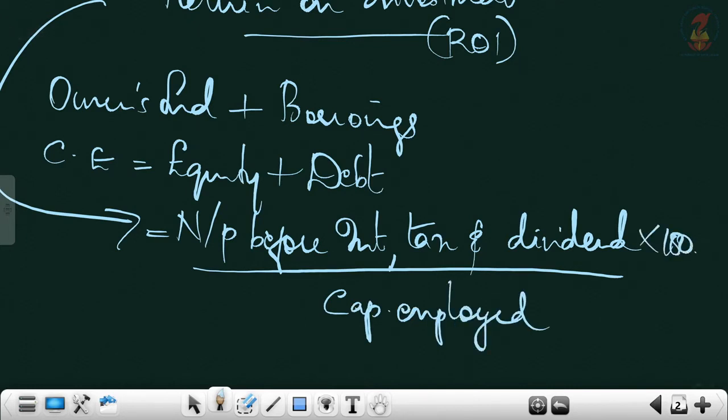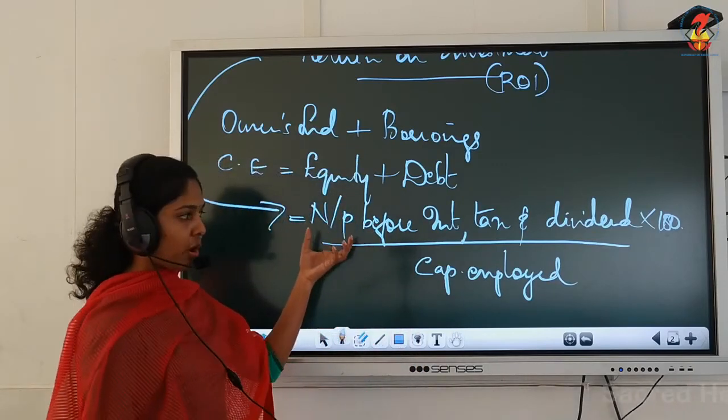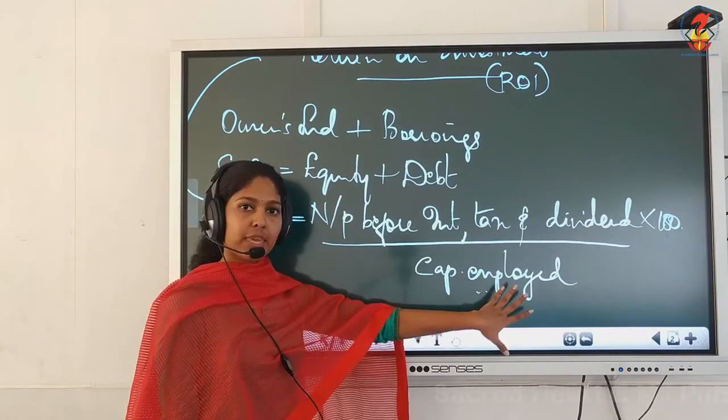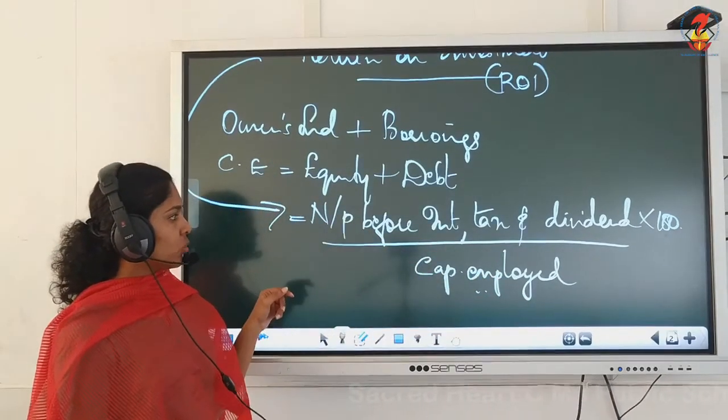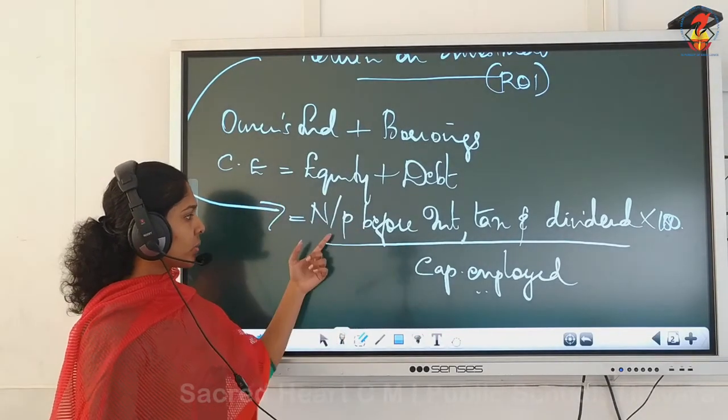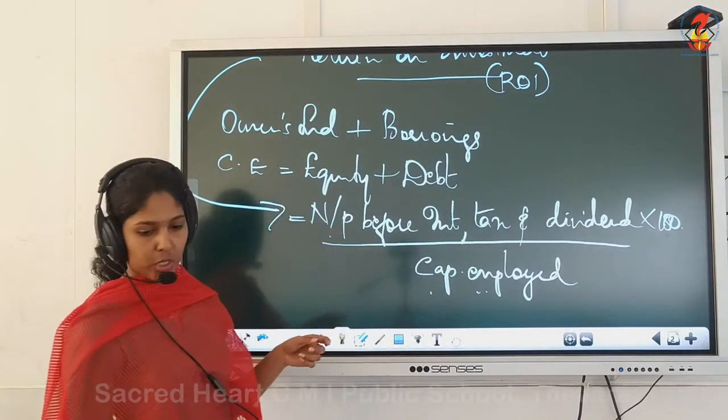So we are analyzing whether we got adequate profit on the capital that is used in the business. You would have invested some capital in the business, on that whether you have earned enough profit. So this ratio analyzes the relation between net profit and capital employed.